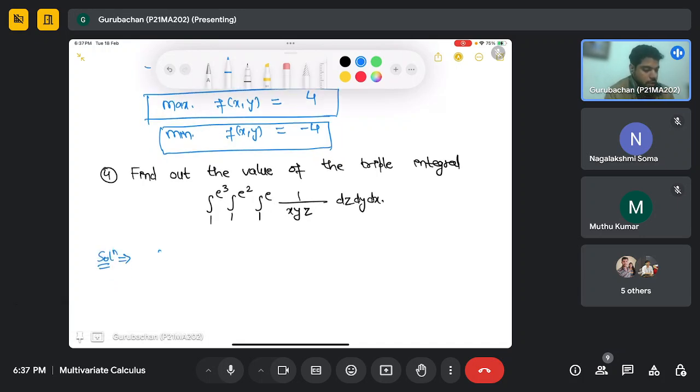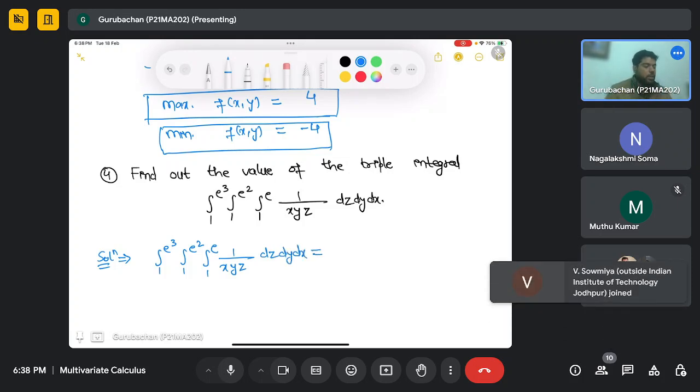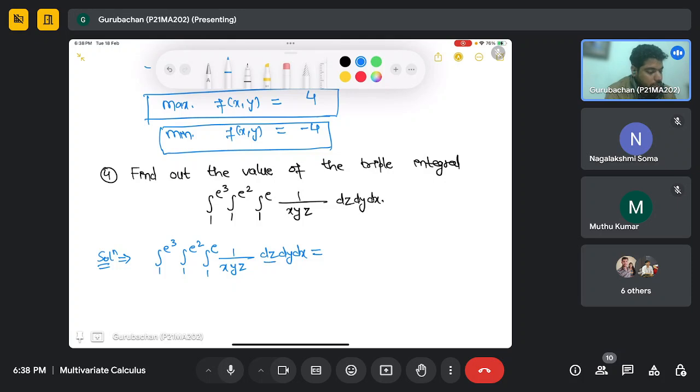So let us start here. 1 to e cube, 1 to e square, 1 to e. Since the function is of three independent variables, so what we can do... Yes, sir, please. Is 6? Yeah, your answer is correct. So here we are integrating with respect to z first.